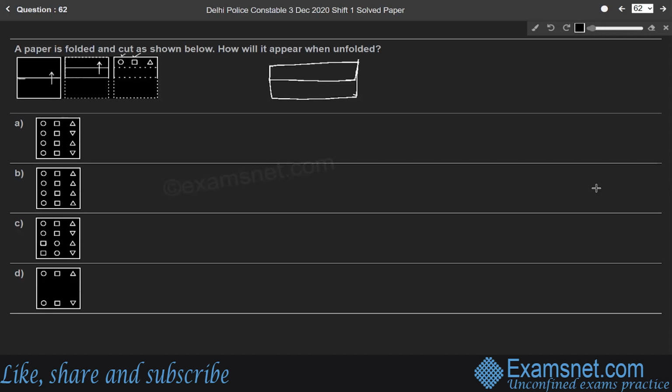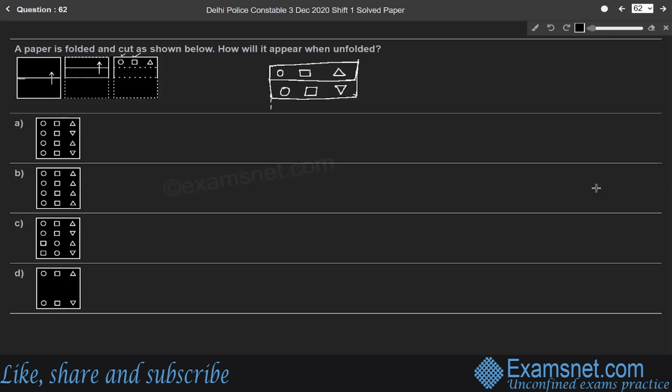Right, when it is half unfolded, this is the cut portion, a square and a triangle. When it is half unfolded, the triangle looks like an inverted triangle, and the square will be as it is and the circle will be as it is, right?